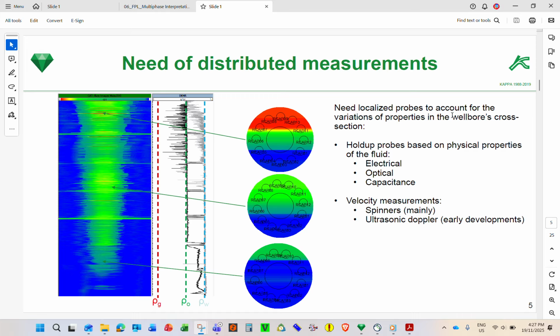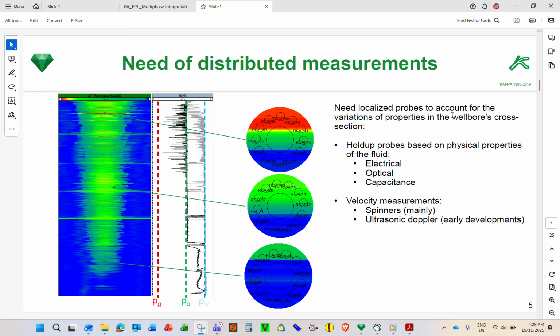We also have spinner or Doppler, but Doppler is not there yet, so that's on the cart. Green is oil, blue is water. This one is ENR, so water, oil, and gas.